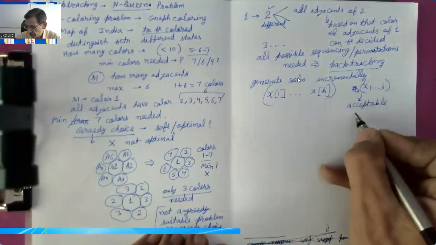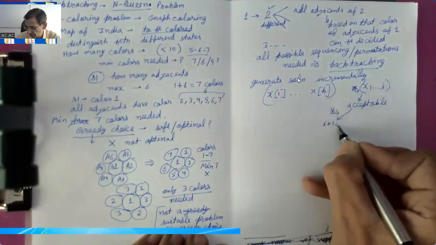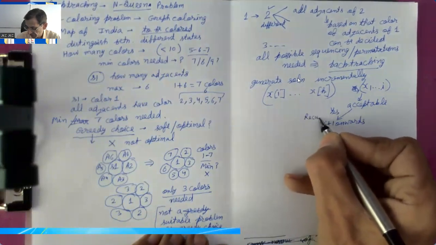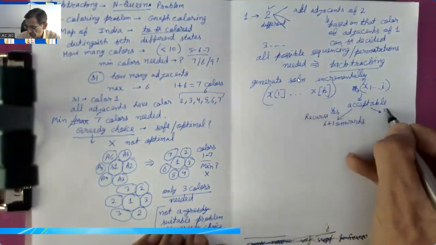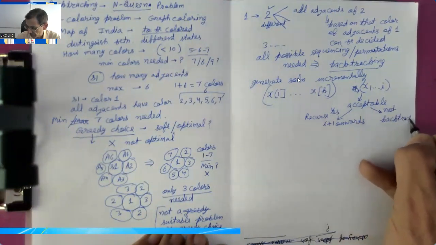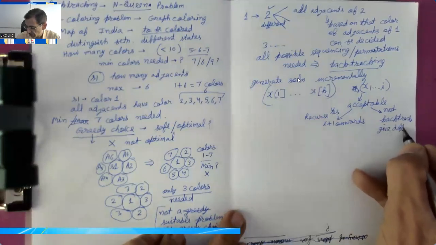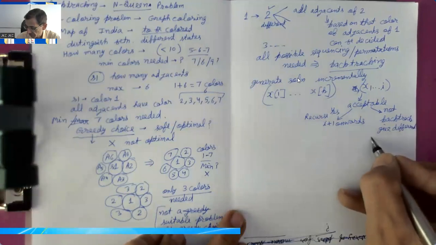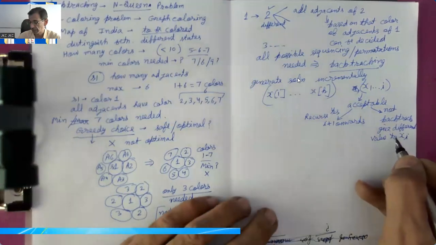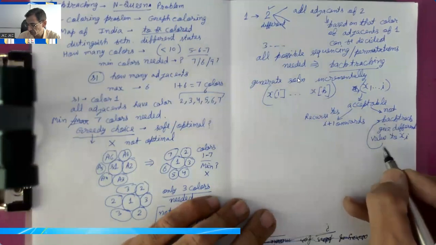If acceptable, go recursively to i plus 1 onwards and find xi plus 1. If not, backtrack. Backtrack where? Firstly, give a different value to the current xi. If that doesn't work, try another value, and another value.